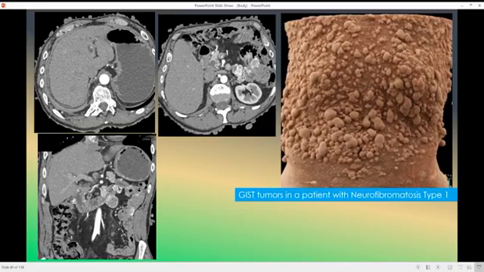We also see multiple enhancing tumors involving the small bowel, and these are tumors in a patient with neurofibromatosis type 1. Okay, we move to the next case.